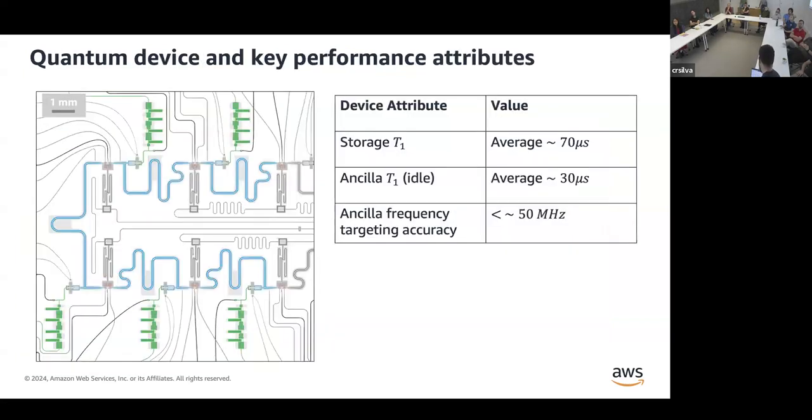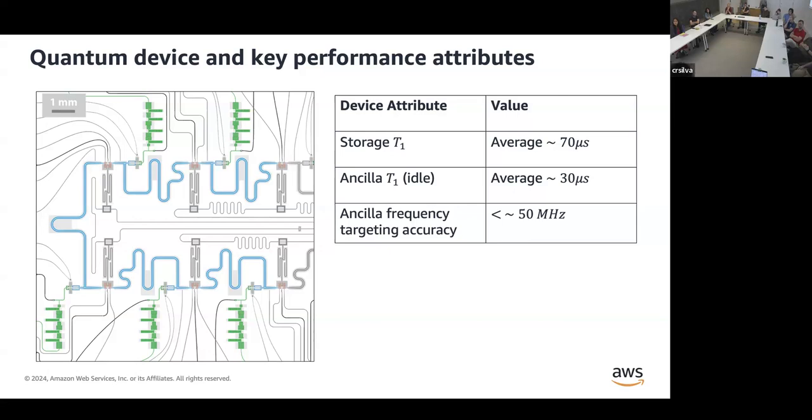All right. So in terms of the parameters that we achieve, for our cat qubits, this blue here, which we also call storage, the T1 time, which tells you the relaxation time of these qubits, was around 70 microseconds. That's not great if you compare it to three-dimensional microwave cavities, but for two dimensions, we had to put a lot of work to get it there.